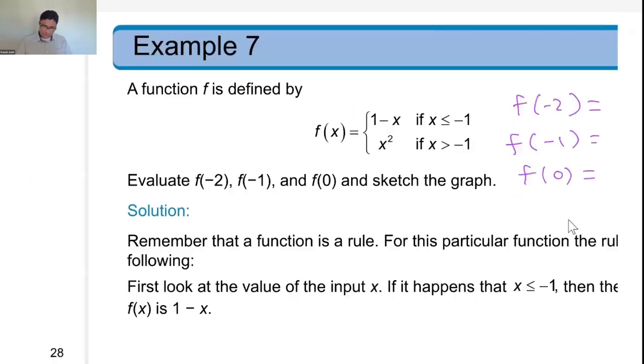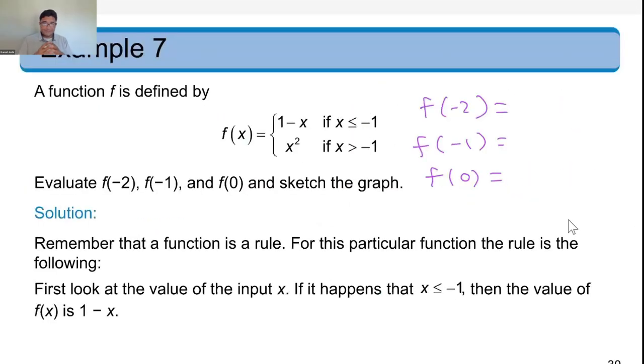Let us look at some examples. Say a function is given like that: f of x equals 1 minus x, and x squared. For x less than minus 1, there is a different rule. For x greater than minus 1, there is a different rule, right? So how would this work out? If I want to evaluate f of minus 2, that is less than minus 1, right?